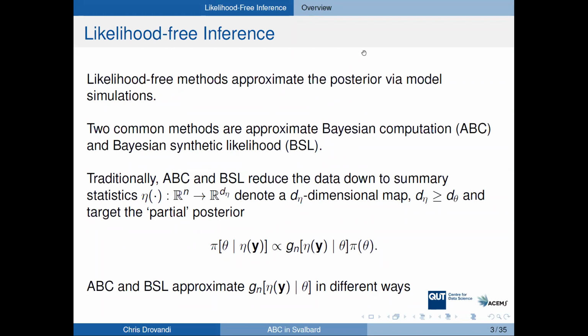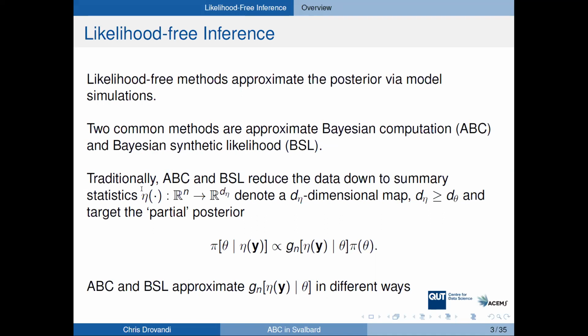There are a couple of popular likelihood-free methods in the statistical literature called ABC and BSL. Traditionally, these methods reduce the full data set down to a set of summary statistics. The idea behind that is we want to overcome the curse of dimensionality problem by trying to match data sets in high dimension.